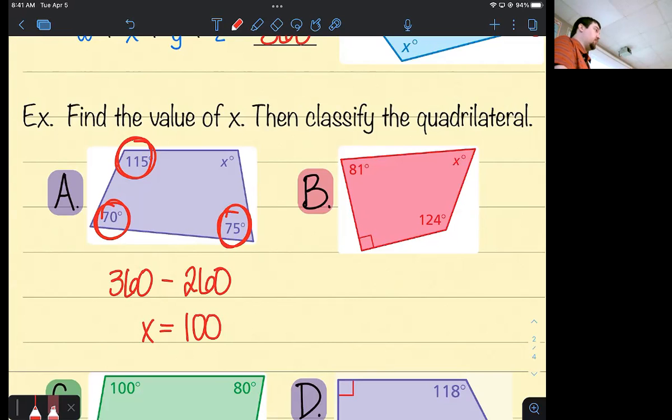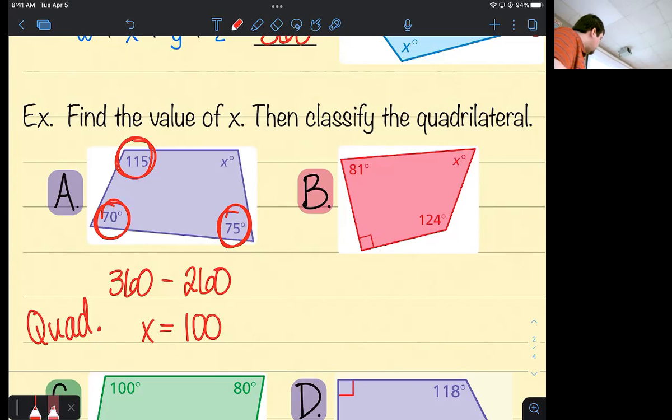Does it look like there's any equal sides here? No. So it's not a kite. And if you can't classify a quadrilateral as a kite, a parallelogram, or one of the descendants, or a trapezoid, then you would just say quadrilateral. I'm just going to abbreviate. There's nothing special about this one. It's just a quadrilateral.